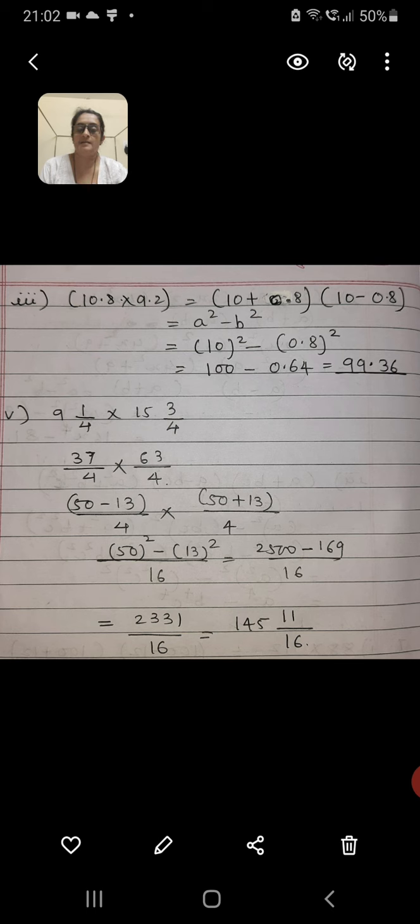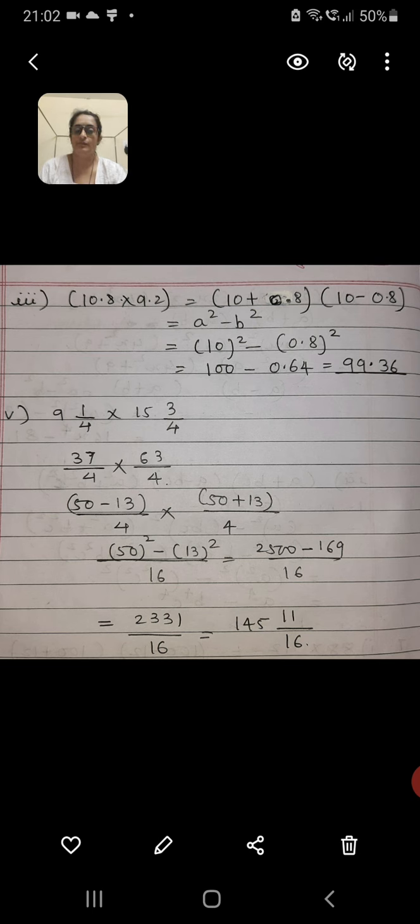So 50 minus 13, 50 plus 13, that gives us 50 square minus 13 square, and 4 into 4 as it is, that is 16. So 50 square is 2500 minus 13 square is 169. That gives us 2331 by 16. If you convert it into mixed fraction, that gives us 145 11 upon 16.